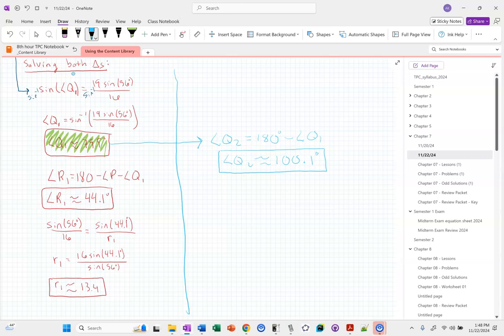Now I have two angles in triangle 2. I have P and Q2. That means that I can get R2 basically for free.